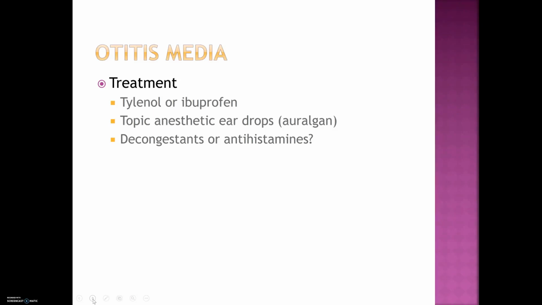There is a little section on the test about otitis media with an effusion. What you need to know for that is that means that there is fluid in the middle ear without inflammation. You do not treat these with antibiotics. They are most commonly associated with hearing loss.